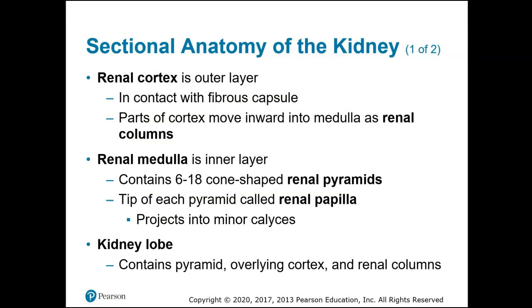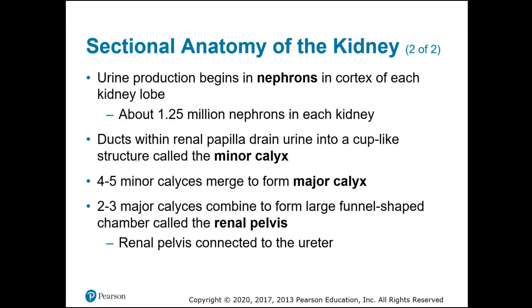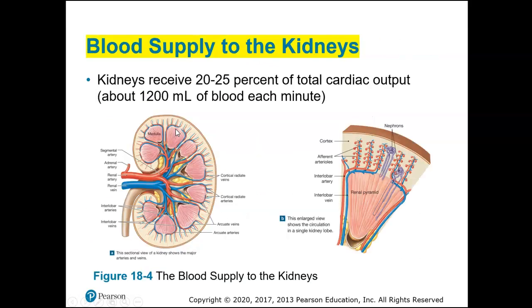There's 1.25 million nephrons in each kidney. Each nephron produces a certain amount of urine, and then that is collected. The kidneys receive 20 to 25% of the total cardiac output.